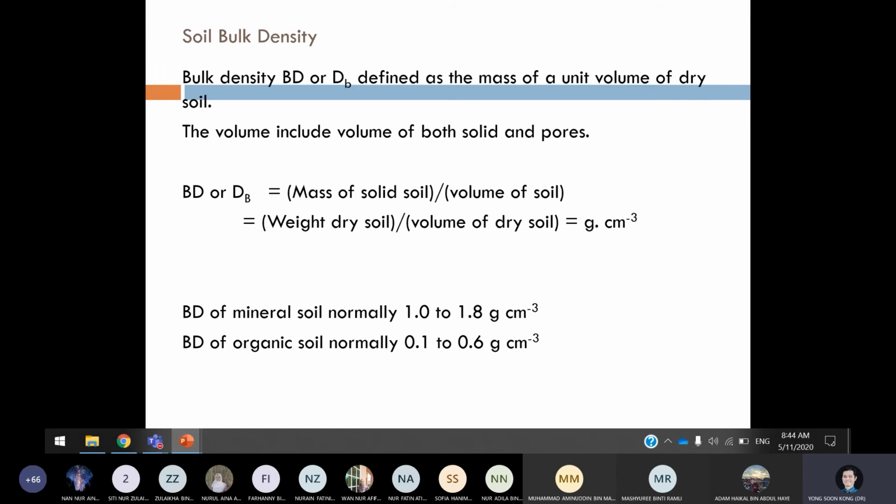However, in the soil sample used to calculate bulk density, we try our best to retain the porous structure of the soil during soil collection. And with that, logically speaking, the weight would be much lesser than that used for determining the particle density. Because if you still remember, in particle density, the soil must be oven dried.